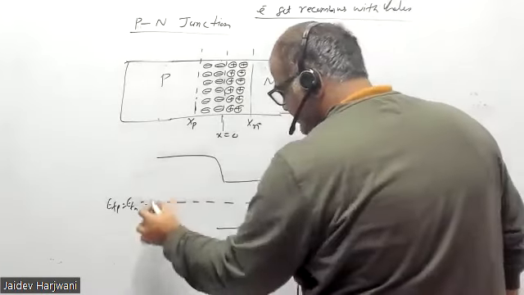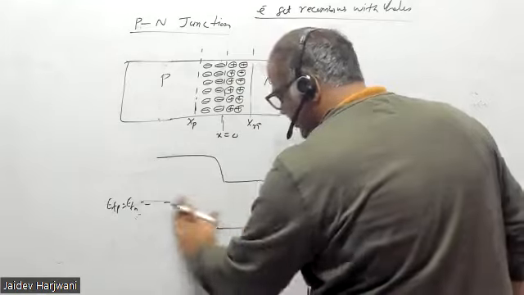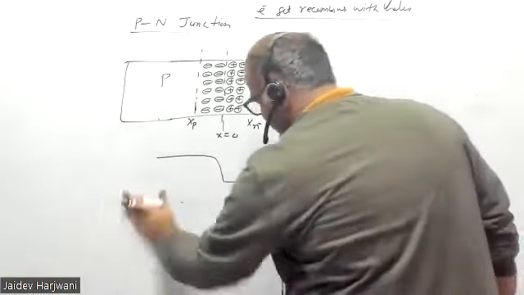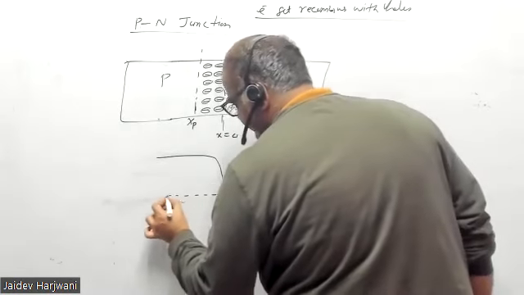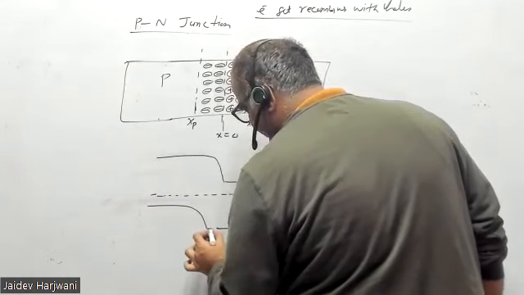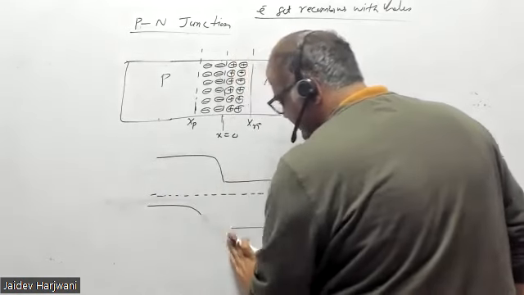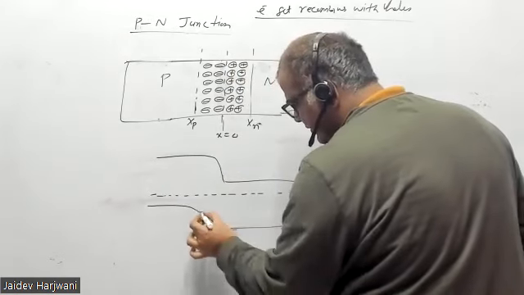But there is a bending of the levels. It was near n-type, so it remains near n-type. And here it was near p-type, so it remains near p-type. But in order for this to happen, there is a band bending.